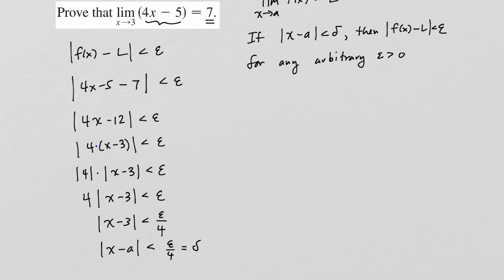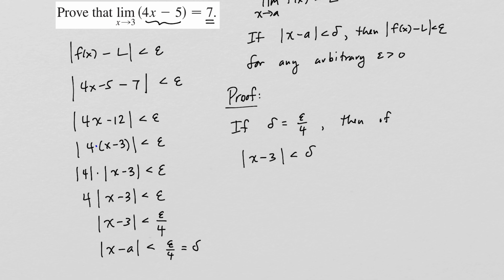So now let's walk through the actual proof. I'm going to say, if we choose delta to equal epsilon divided by 4, then if the absolute value of x minus 3 is less than delta, this means the absolute value of x minus 3 is less than epsilon over 4.